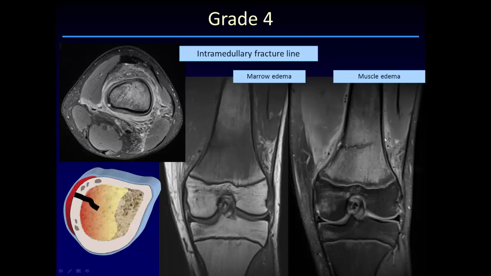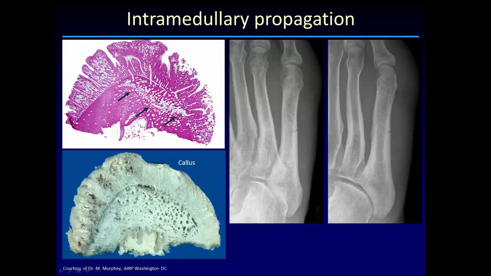They have marrow edema, muscle edema, periostitis. But this is late. We should not be diagnosing fractures by the time they've gotten into the medullary space. We should be doing better than that and diagnosing stress injuries much earlier and having the patient rest before we have developed intramedullary extension of a fracture line.